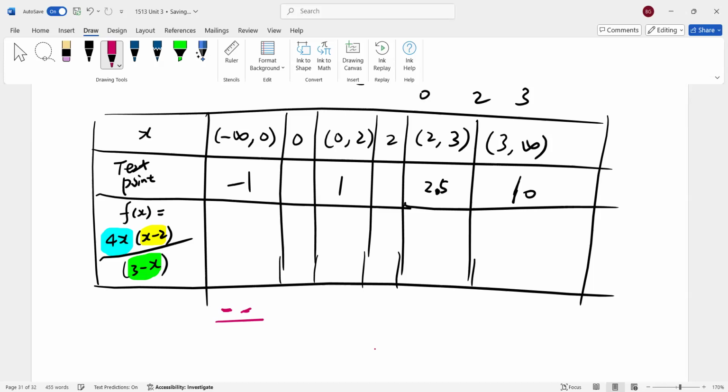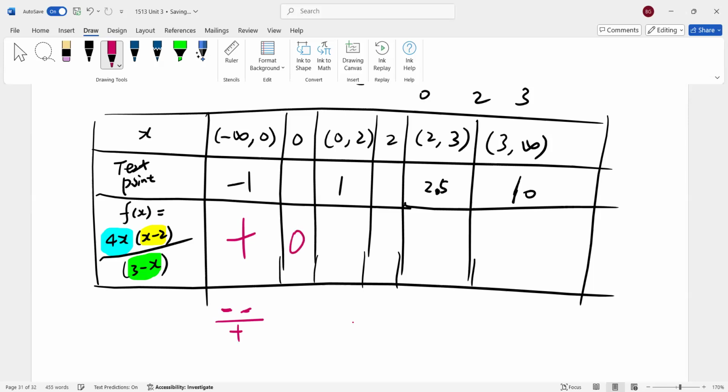Yes. If you are not sure, just use your calculator. So that's a disadvantage when you have a factor that's not in a standard form. When you plug in, it might be not very convenient. But not too bad. You plug in -1. 3 minus -1 is going to be positive. So negative times negative is positive, so positive here.